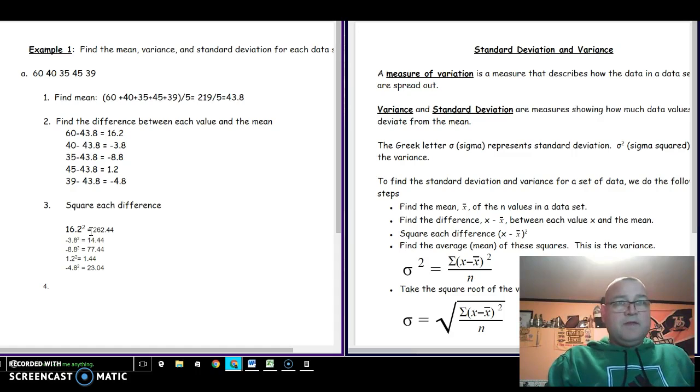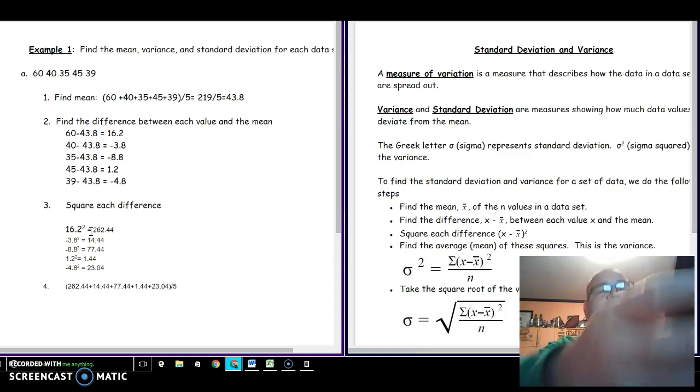And then it says to find the average of these squares, and that's our variance. So that's going to be 262.44 plus 14.44 plus 77.44 plus 1.44 plus 23.04. And since there's 5 squares, we'll have to divide that by 5.